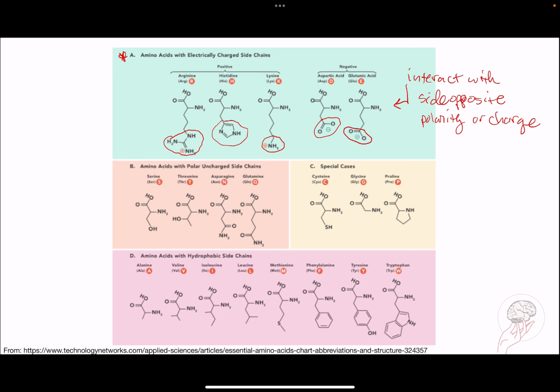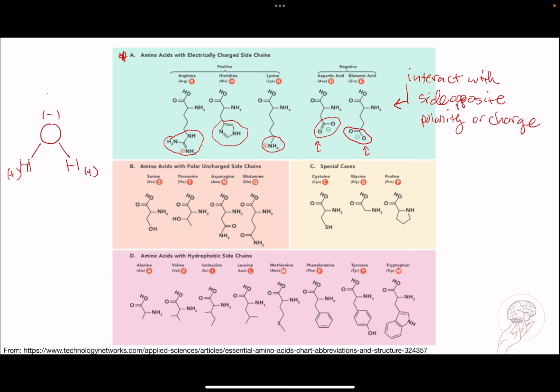So recall that water, H2O, is polar. It has a slight positive charge on one side, and towards the oxygen, a slight negative charge. You'll notice when you have a bunch of oxygens, you tend to have a slight negative charge because they are electron hogs.